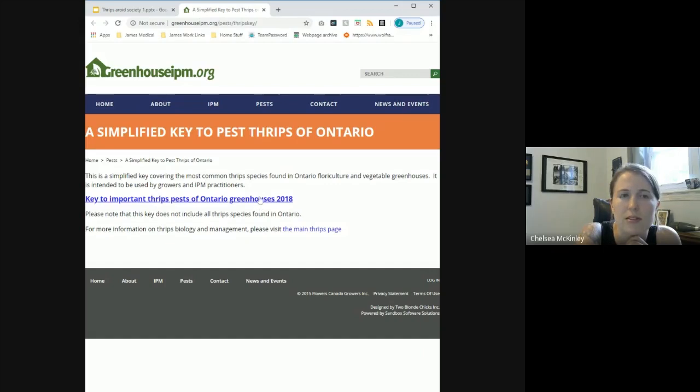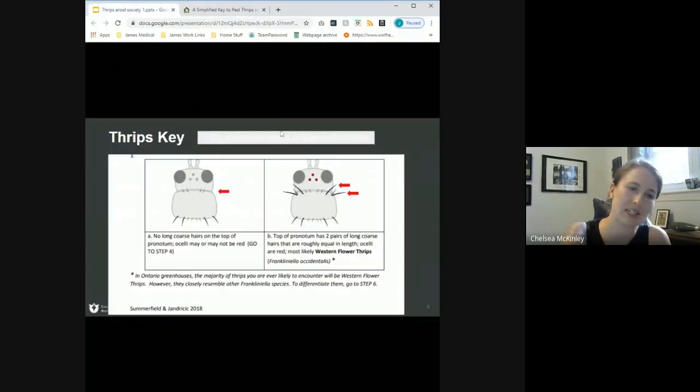And this is a really great key for those of you that might not be as familiar with terminology and whatnot. You probably need a microscope to get through most of these keys, unfortunately. But if you do have a microscope around and you're bored and you want to try to identify some thrips, this is a great key.